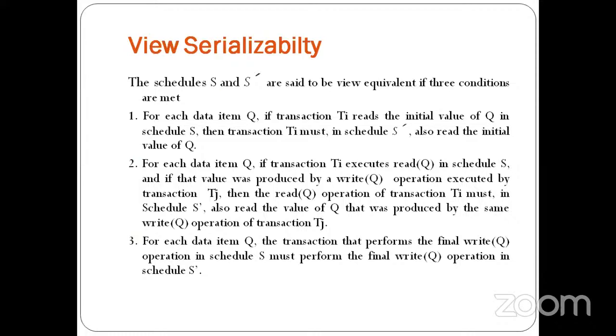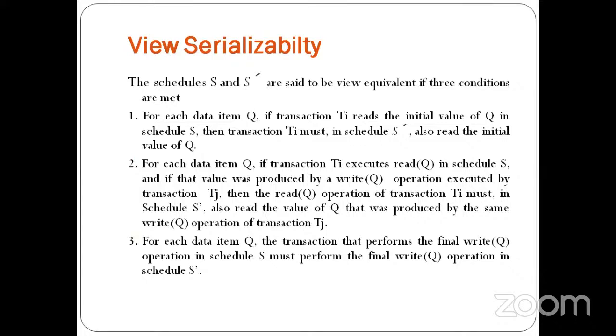Second, for each data item Q, if the transaction Ti executes read Q in schedule S, and the value was produced by a write Q operation executed by transaction Tj, then the read Q operation of transaction Ti must, in schedule S dash, also read the value of Q produced by the same write Q operation of transaction Tj.